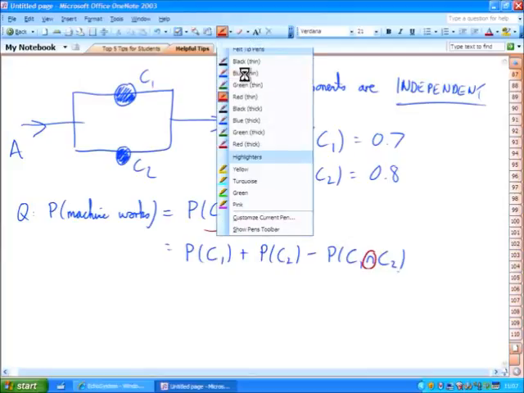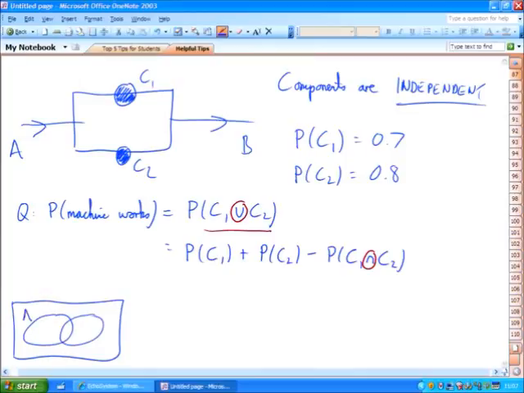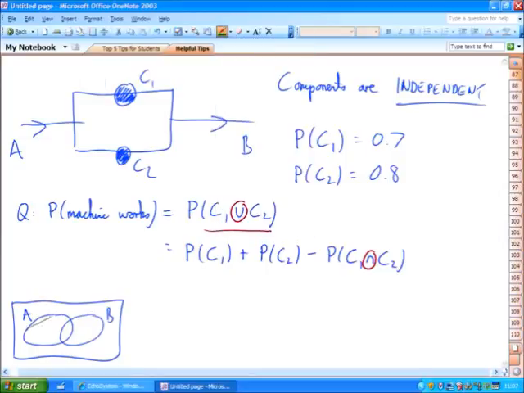So why do we have to do this? Well, just going to an aside, let's consider this very simple Venn diagram. Suppose I had two events, A and B, denoted here. If I wanted A union B, what area is that? Well, that's going to be anything in A or B or both. So that's all of this green shaded area here.